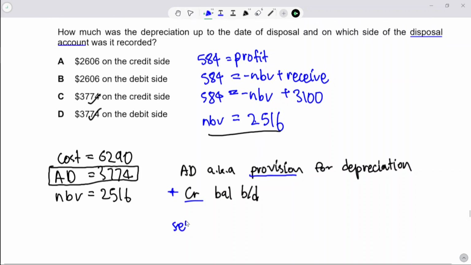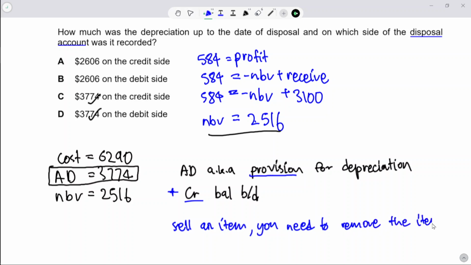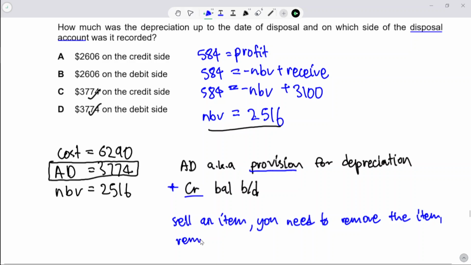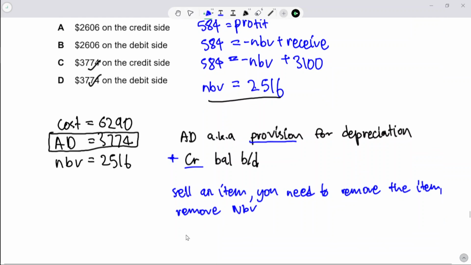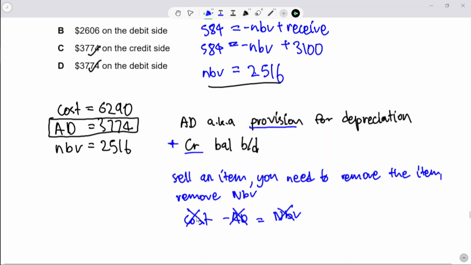But when you sell an item, you need to remove the item. So you remove net book value. By default also it is cost minus AD. So now you remove net book value, so you also need to remove AD, also remove the cost.